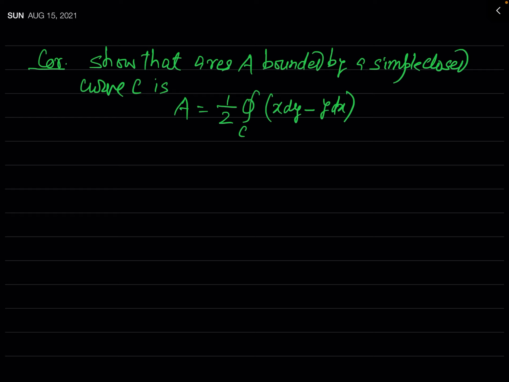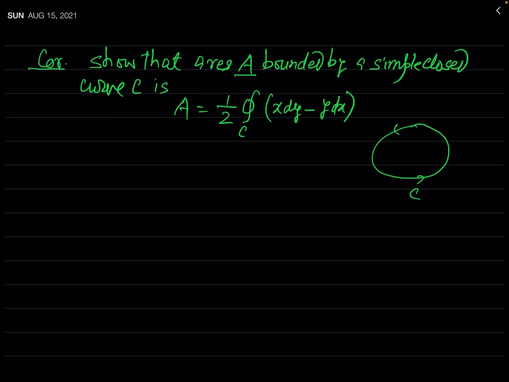So what this corollary says, if you consider in xy plane a closed curve C, let us see this figure, and the area bounded by this closed curve is equal to A, then the area of the region bounded by the closed curve C can be expressed like this.